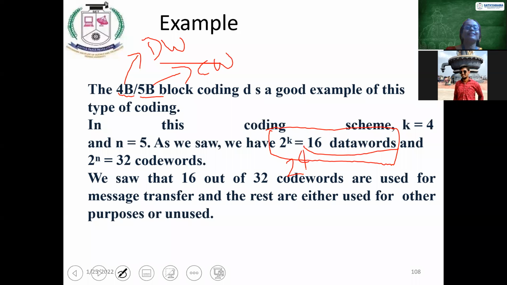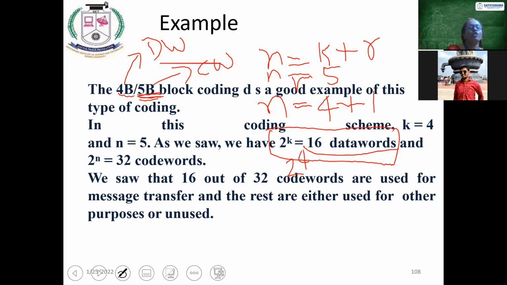But when you consider the redundancy bit, n equal to k plus r. What is my n value in this case? N is 5. So 4 is the data word and 1 is the redundancy bit.